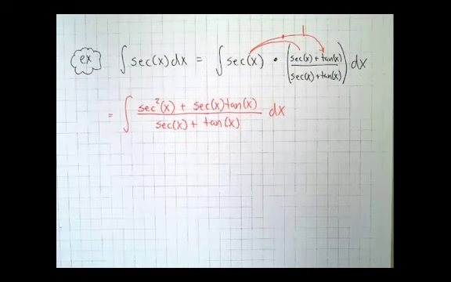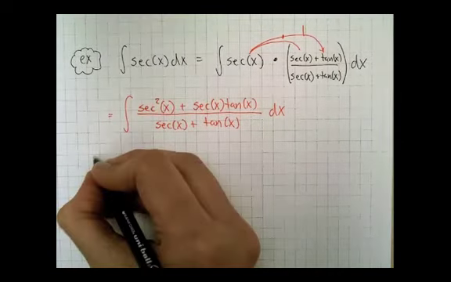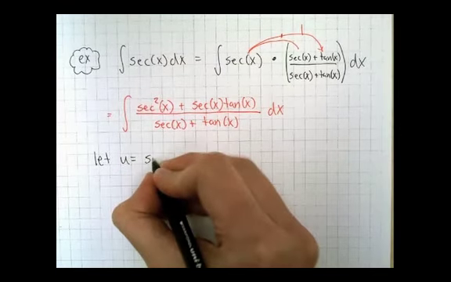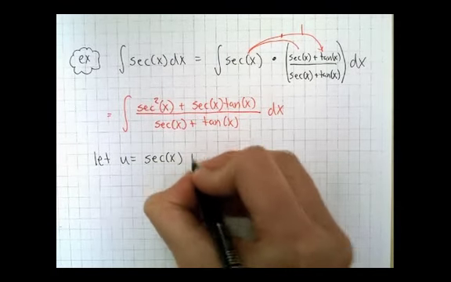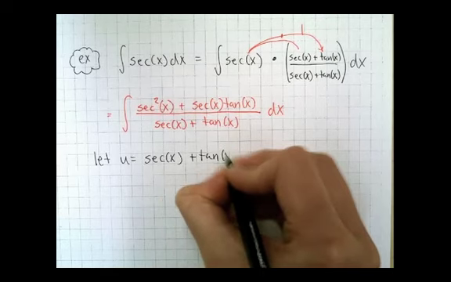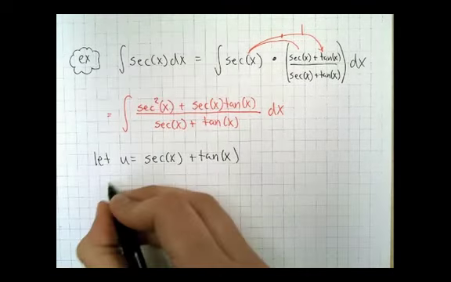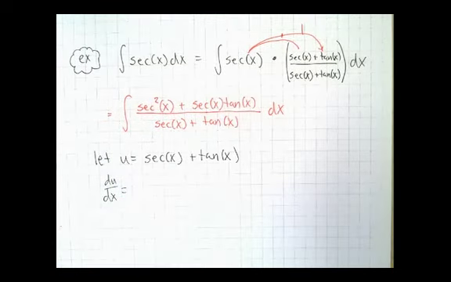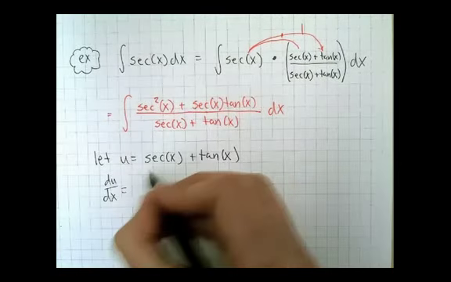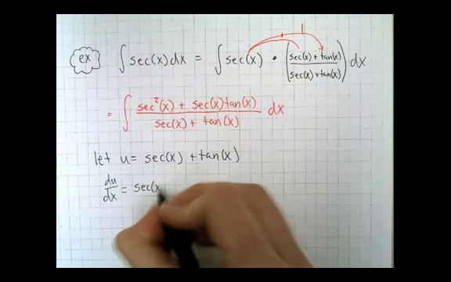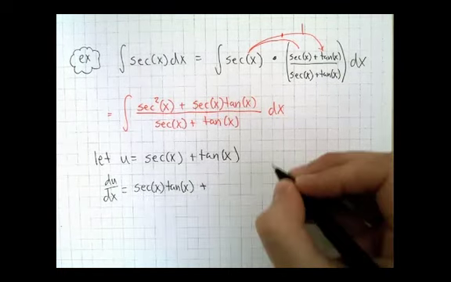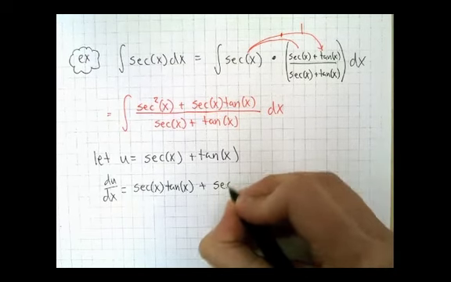And then to solve this, I'm going to try u substitution. So let u equal something. I'm going to let u equal the bottom, secant of x plus tangent of x. And I'm going to find du dx, the derivative. And the derivative of secant, we all know, is secant of x tangent of x, plus the derivative of tangent, which is secant squared.